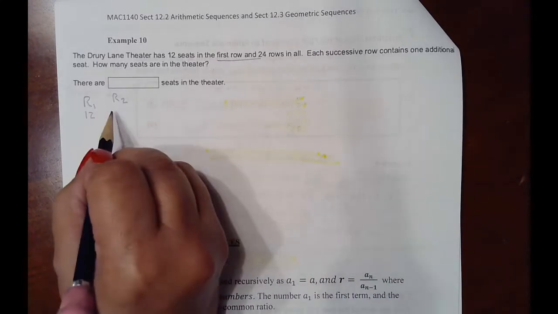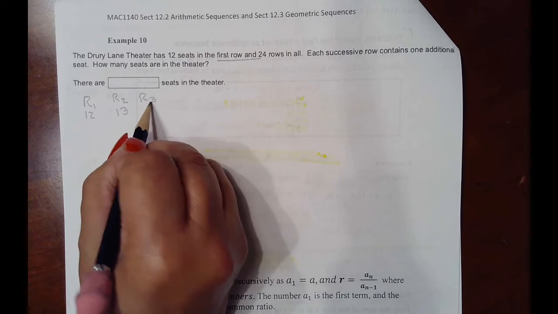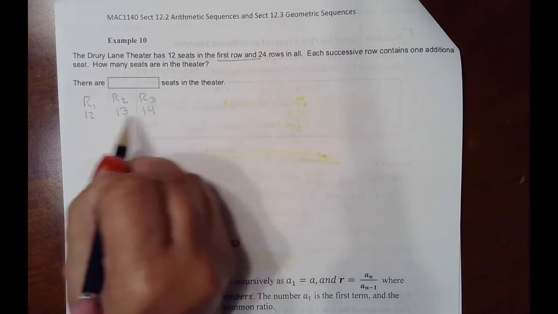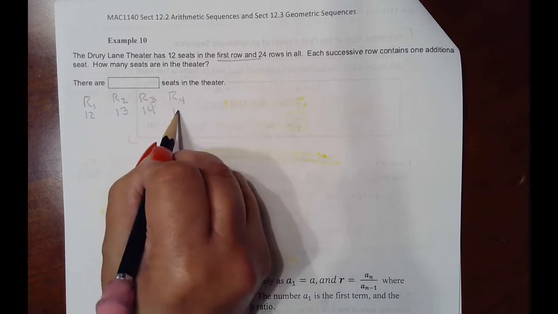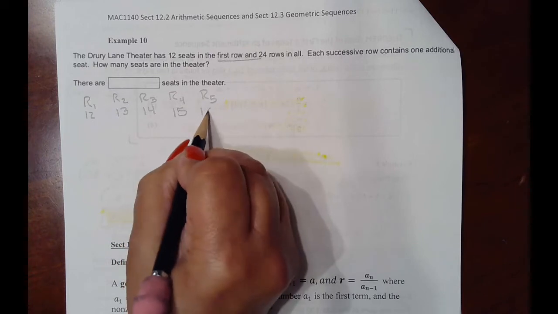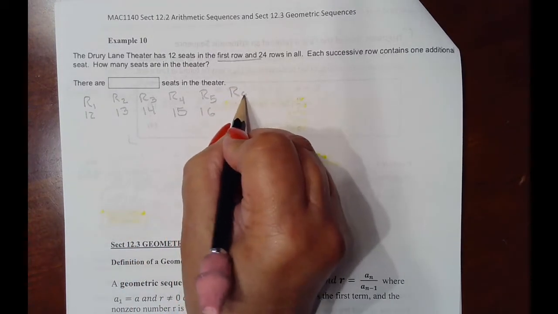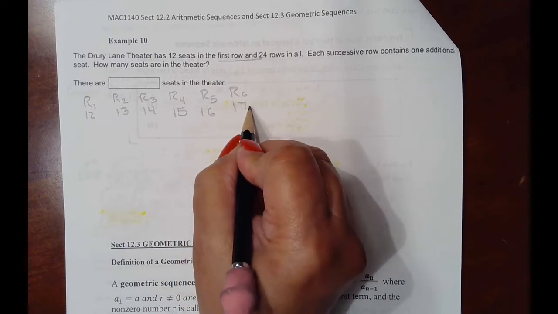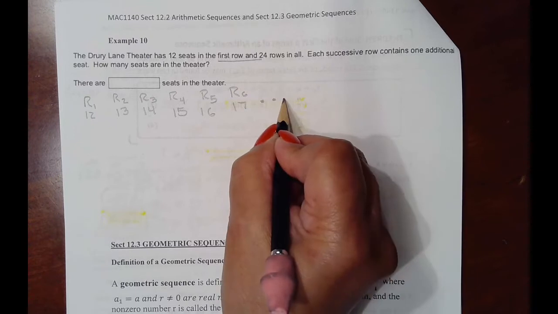So if you're in row 2, then you're doing 13 seats. If you're in row 3, then you have one more than the row before it. If you're in row 4, you have 15 seats. If you're in row 5, you have 16 seats, and so on. I guess I don't really need to keep doing that. So, it goes on and on and on.